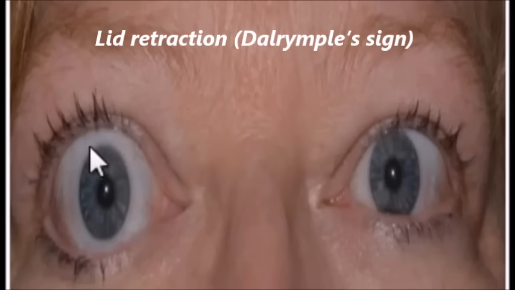So you can see here the whitish area, the sclera gets exposed, and there is widening of palpebral fissure. From here to here, the palpebral fissure gets widened. This earliest sign, the lid retraction, is called Dalrymple's sign. So it will be called Dalrymple's sign when there is lid retraction in hyperthyroidism.